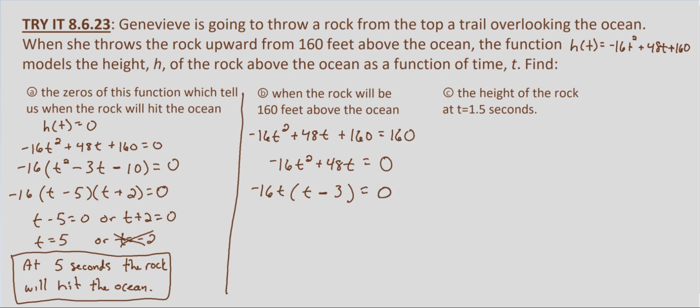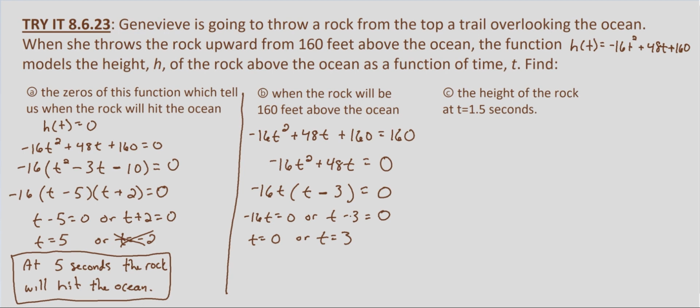So that equals 0. So this tells us that -16t = 0, or t - 3 = 0. And that gives us t = 0, or t = 3.